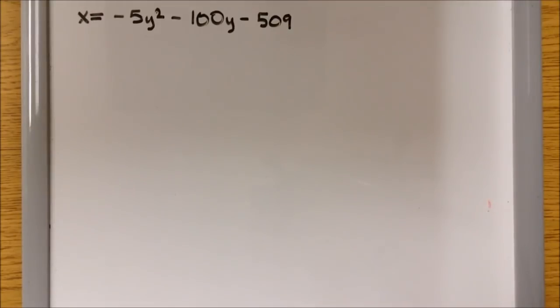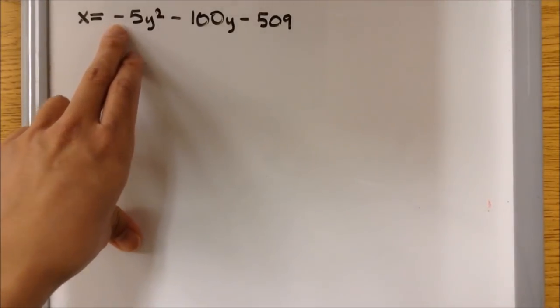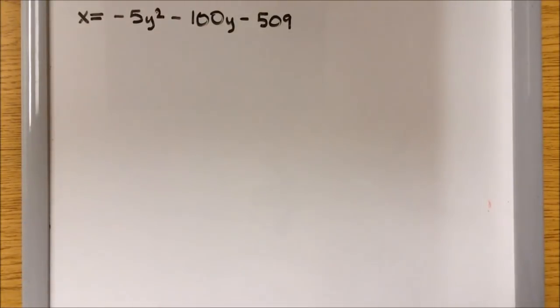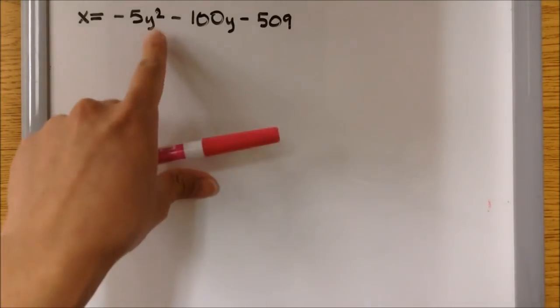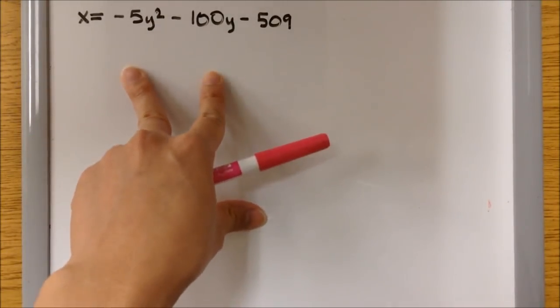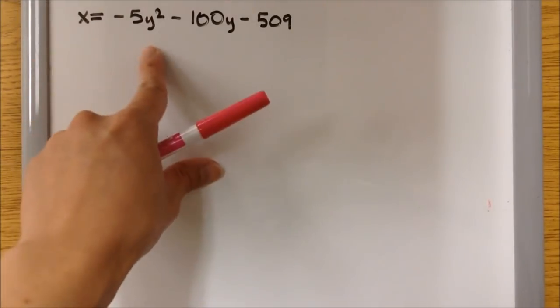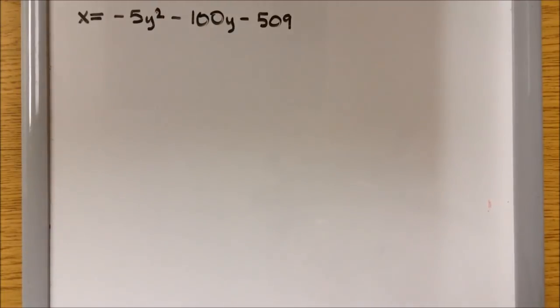In this example, we have x equals negative 5y squared minus 100y minus 509. So the first step is we're going to factor out the negative 5 from the y squared. Now what's different from this example is that this one is x equal to with the y squared, versus example 2, where it was y equal to and the x was squared.